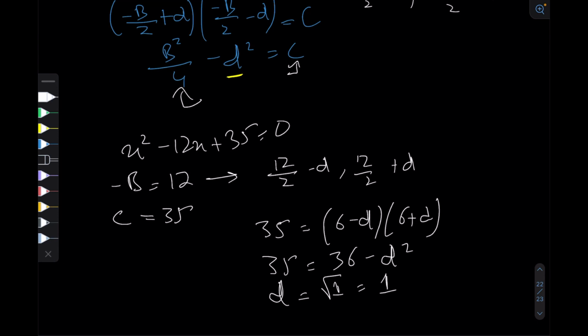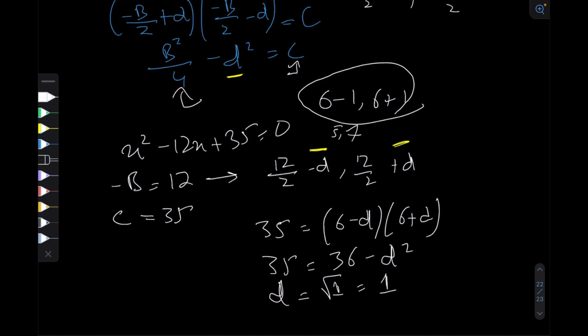So here we are done because we have the d, and we can now say that 6 minus 1 and 6 plus 1 are the two roots, that is 5 and 7, and we are done.